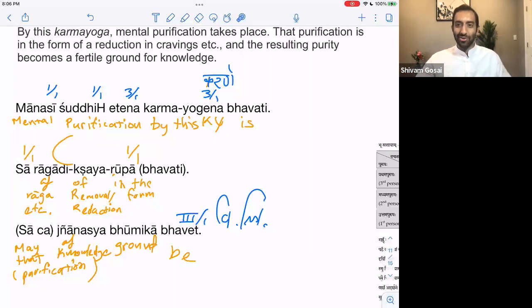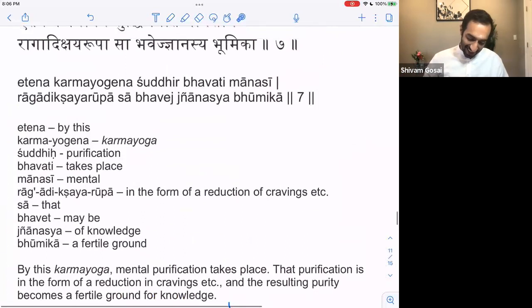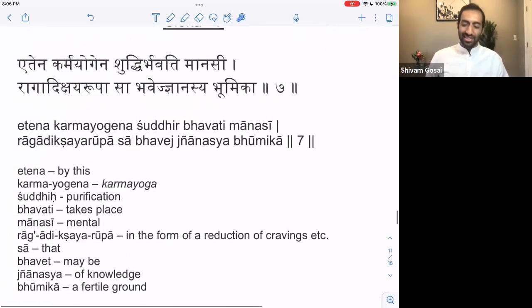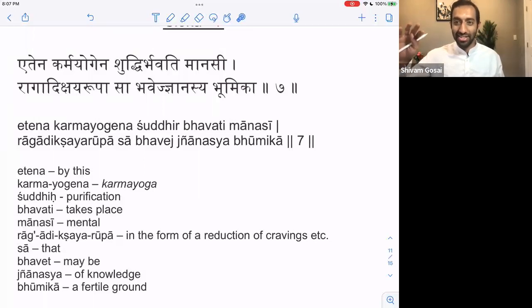We can read these sentences, understand them? Okay, let's just chant it and we can be done. Think of the meaning as you're chanting. Etena karma yogena, by this karma yoga, shuddhir bhavati manasi. There is mental purification.